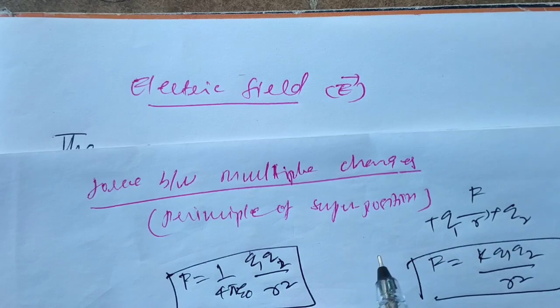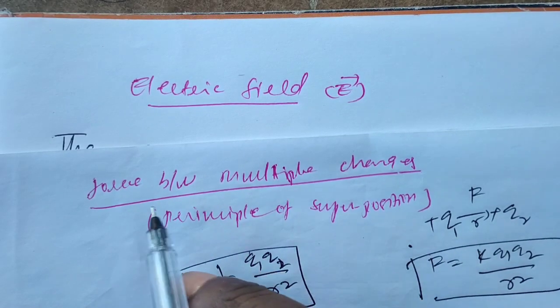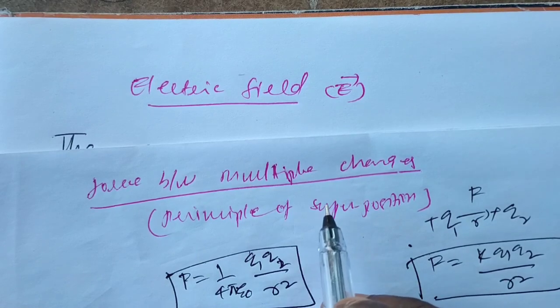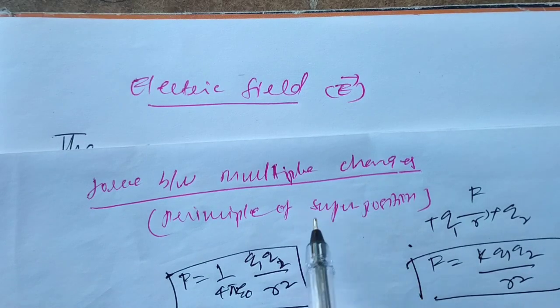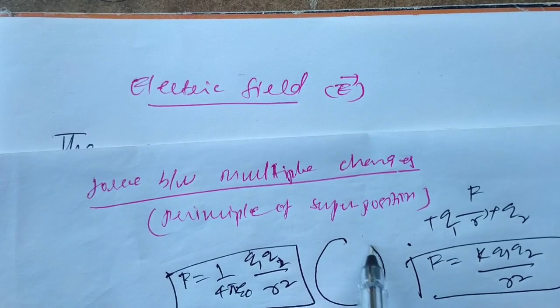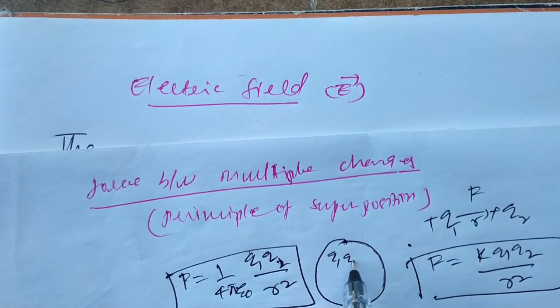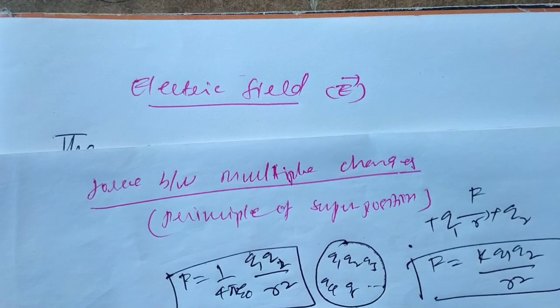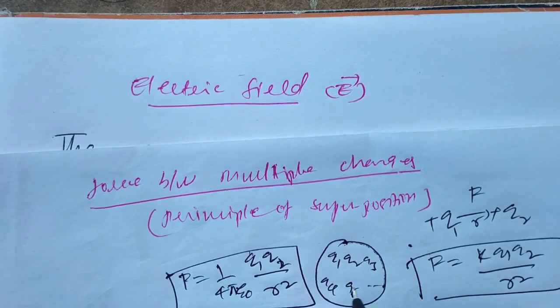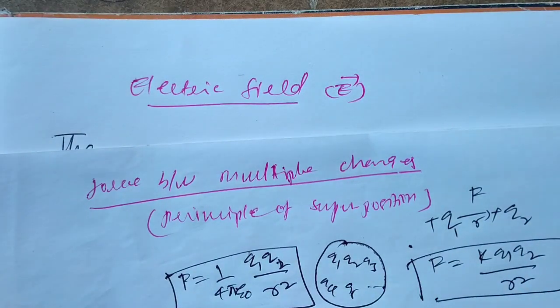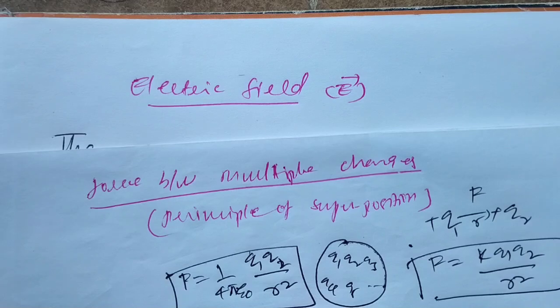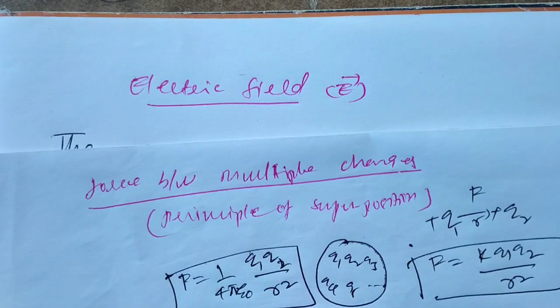Suppose there are multiple charges, we can consider a number of charges in a system. One system having number of charges q1, q2, q3, q4, q5, like that up to n. We can observe the forces that occur. The resultant force is equal to the sum of the individual forces.